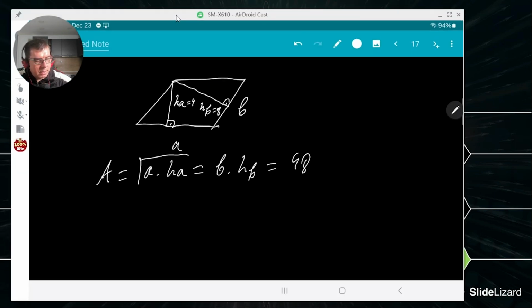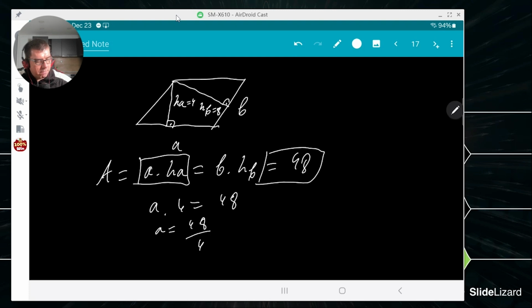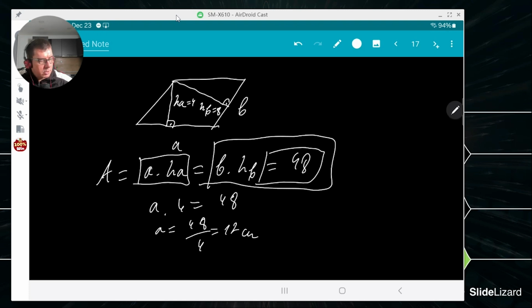So if I consider this equation here, A times 4 equals 48, A equals 48 divided by 4, which is 12. And then I consider this equation here separately. So B times 8 equals 48, B equals 48 over 8, which is 6 centimeters.